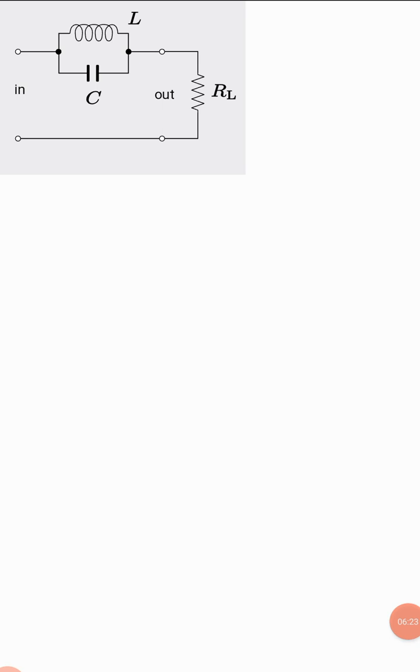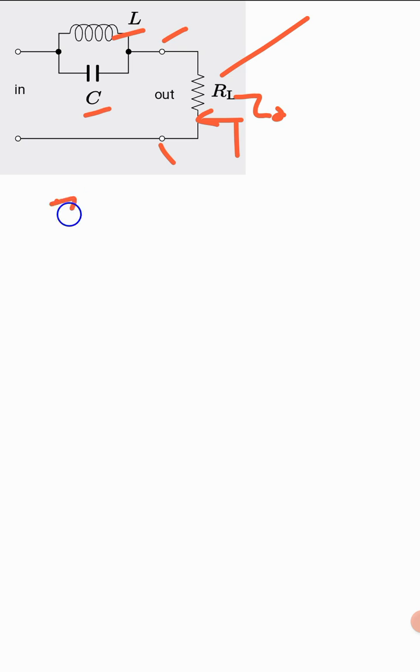Now if you are asked to determine the output impedance of this network, which is the impedance when you look into the circuit from the output side, and it is Z O. So what you do is you remove the resistance RL, and then your circuit is open circuited at these 2 points, and then you look inside the circuit from these 2 terminals, and what you see is the L and C in parallel.